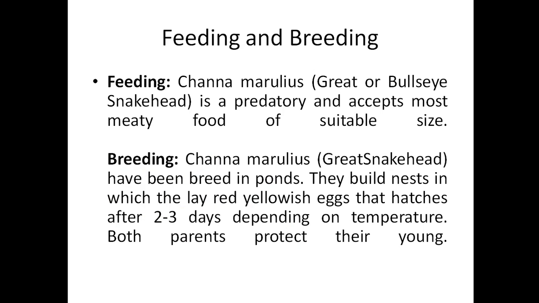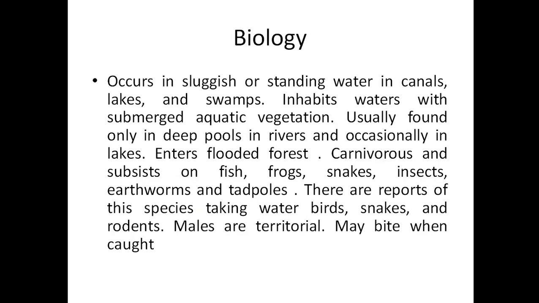Channa marulius is a predatory fish. It can accept most meaty food of suitable size. Mostly, this fish loves to breed in ponds. Most of the time you can see it in sluggish or standing water, in canals, lakes, swamps.